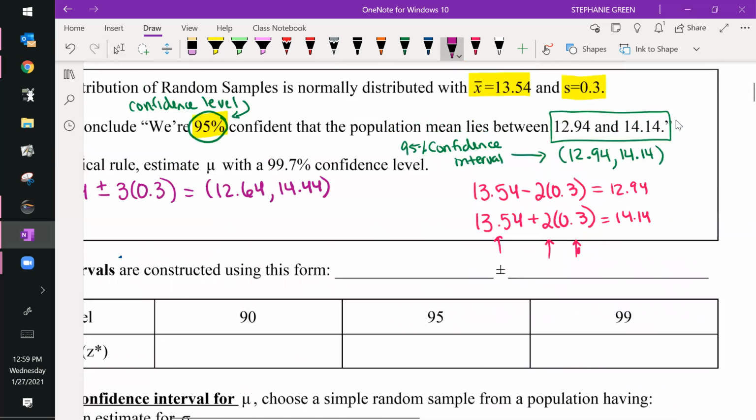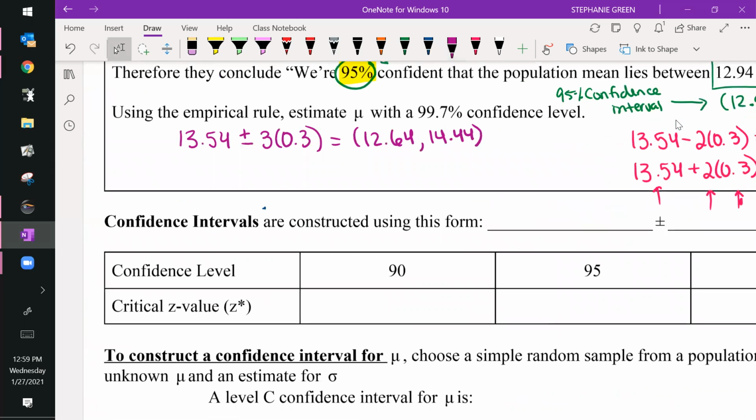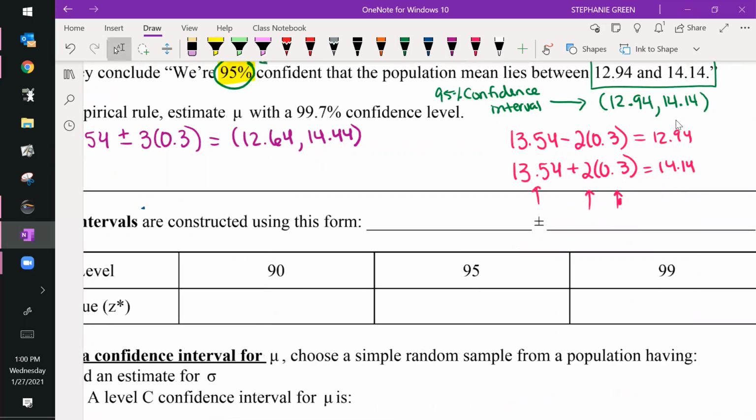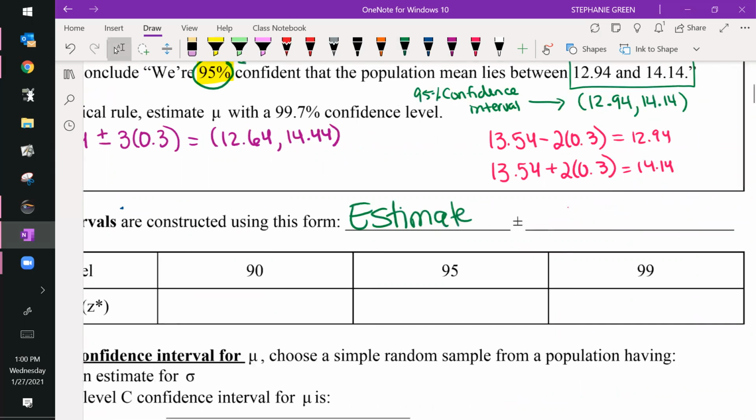Okay, moving on though, confidence intervals in general are always constructed using this form. It is always the point estimate, and that can be an estimate of the mean, an estimate of a proportion, whatever. But we always add and subtract a margin of error. And as you saw in that last example, the margin of error is a number of standard deviations.